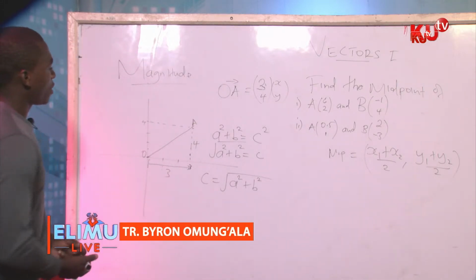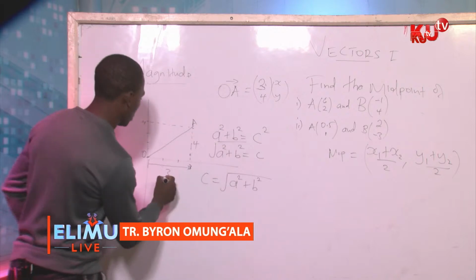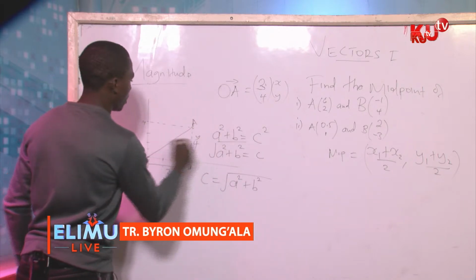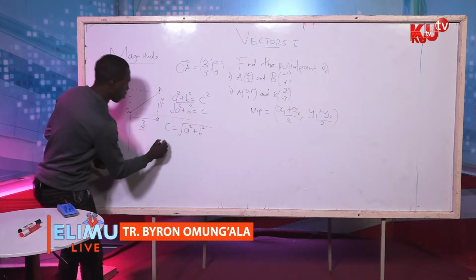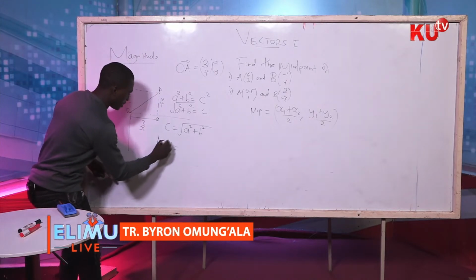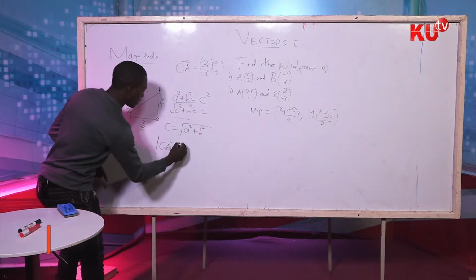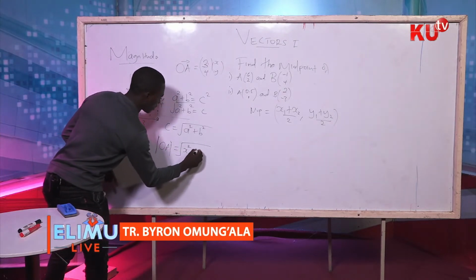But now remember here, we don't have a and b. The value of a here is x, and here it's y. So substituting them back in our formula, the distance OA will be the square root of x squared plus y squared.